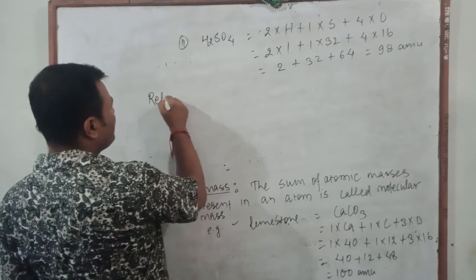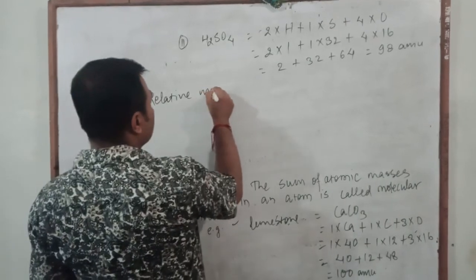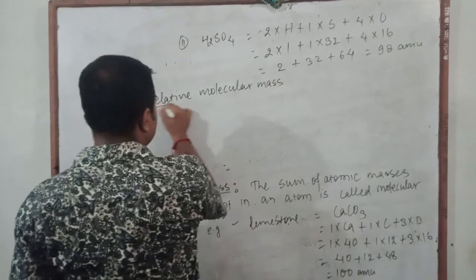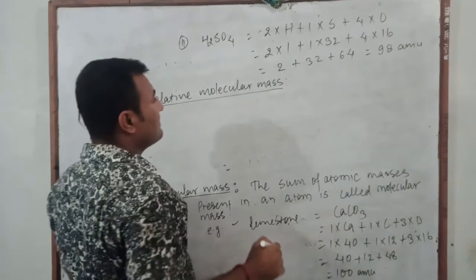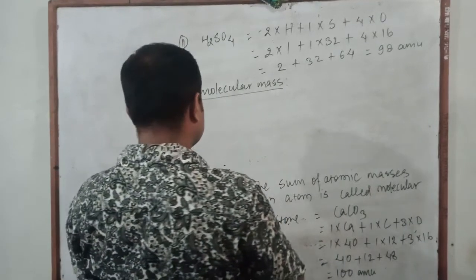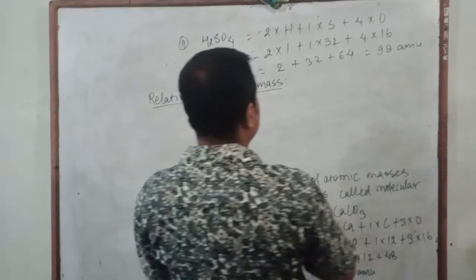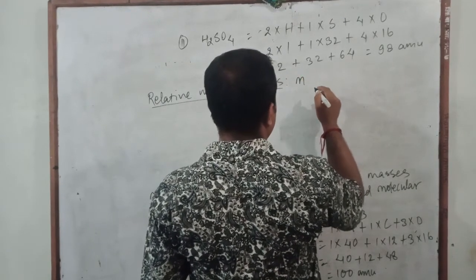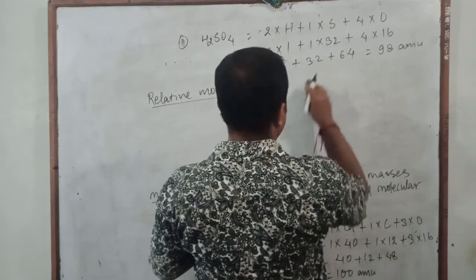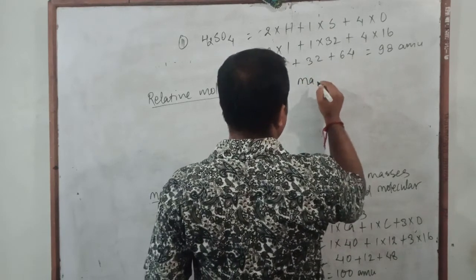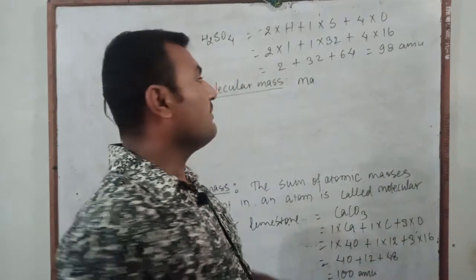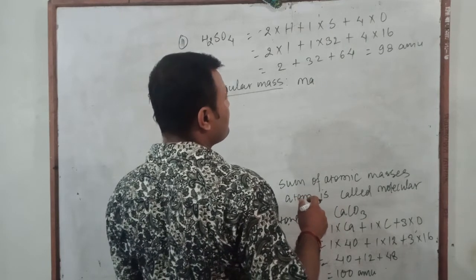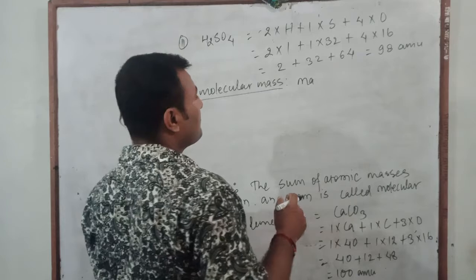And now relative molecular mass. Listen, relative molecular mass is how many times the mass is heavier than the 12th part of the mass of the carbon isotope.